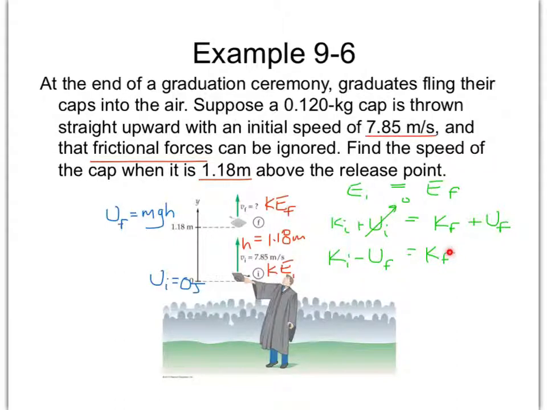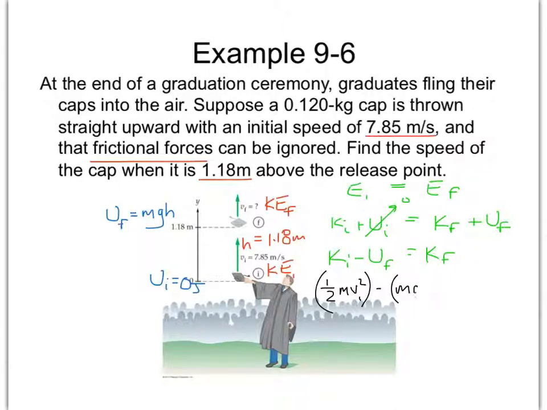So let's expand all these out to our various different descriptions of kinetic energy and potential energy. And I can see very soon I'm going to have to change to a different color because green is going to get lost in there. I'm changing to black. Kinetic energy initial, 1/2 m v initial squared, minus, what is our potential energy final?